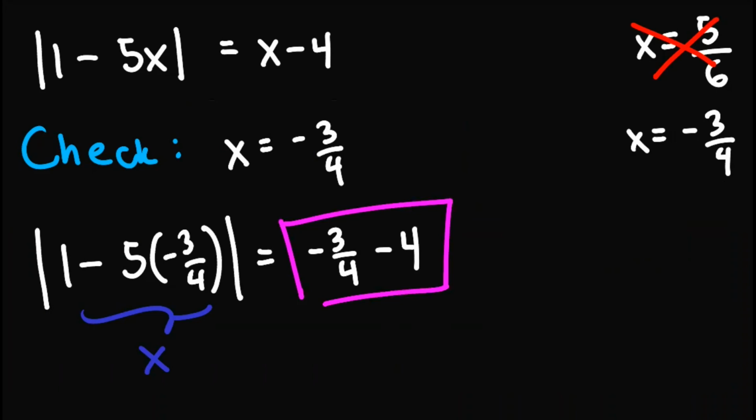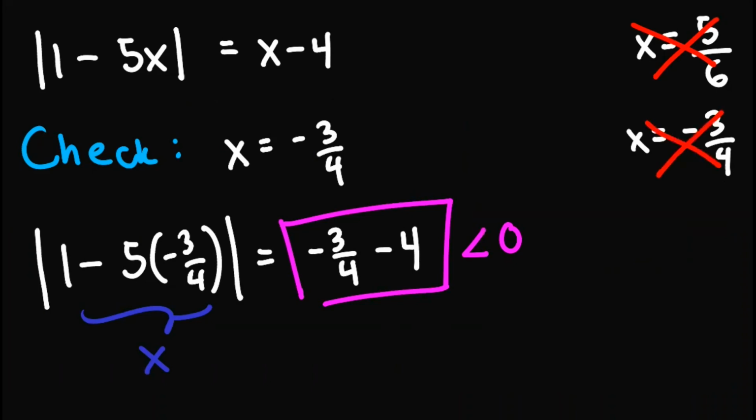Indeed, negative plus negative is still negative. Therefore, x equals negative 3 over 4 is not a valid solution to this one as well.